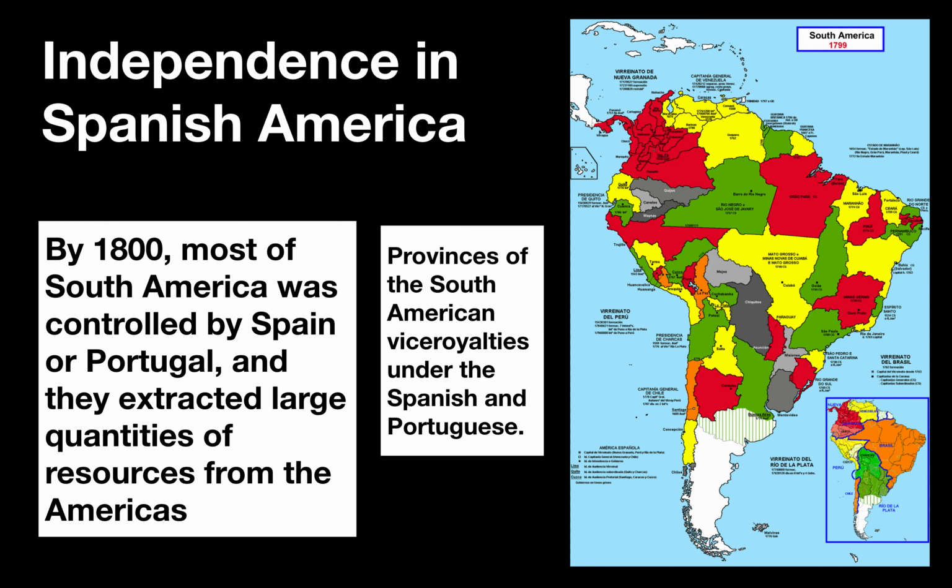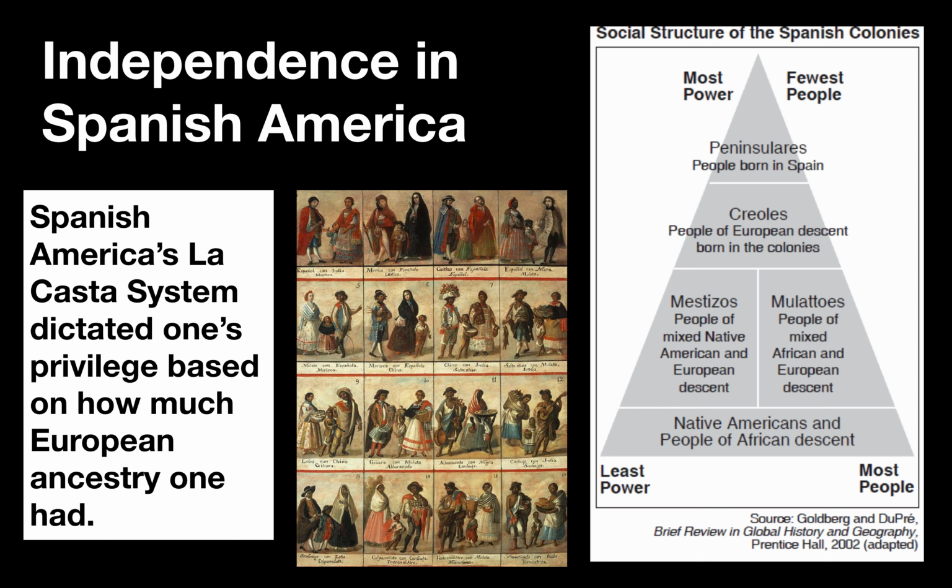What about Spain's colonies? So by 1800, most of South America was controlled by Spain and Portugal, right? Portugal owns Brazil, and Spain owns most of the rest of it. And they're extracting resources, exploiting the population. They have this harsh class system where the closer to Europe you are, the more privilege you have.